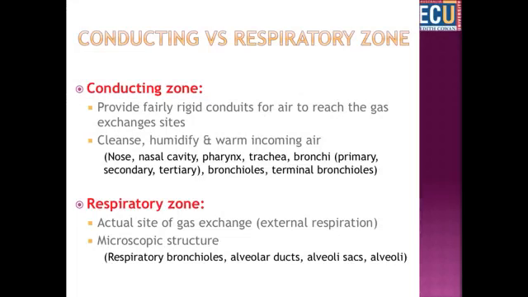So we have microscopic structures: respiratory bronchioles, alveolar ducts, alveolar sacs, and alveoli, which allow us to perform gaseous exchange from the alveoli or the alveolus into the capillaries. So we get that exchange of carbon dioxide from the capillaries into the alveoli and oxygen into the capillaries to create oxygenated blood, that travels back to the heart.